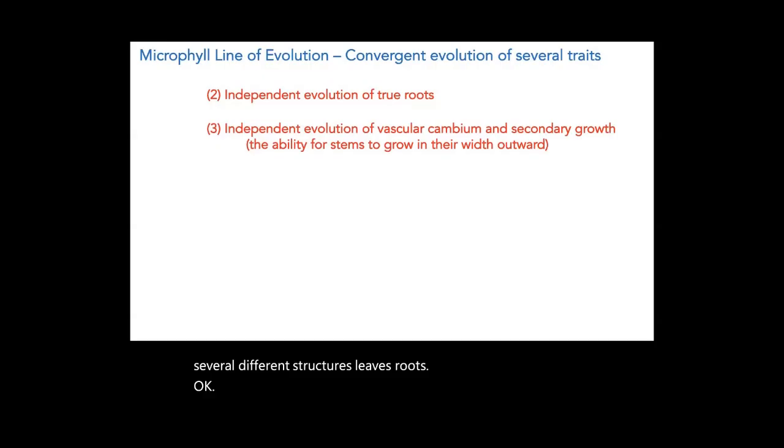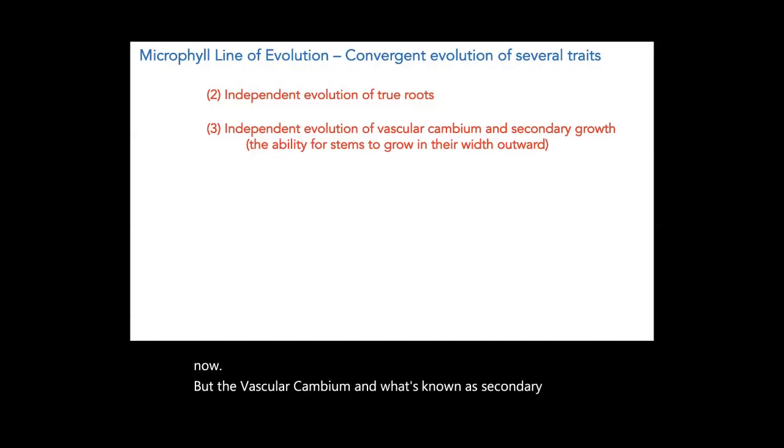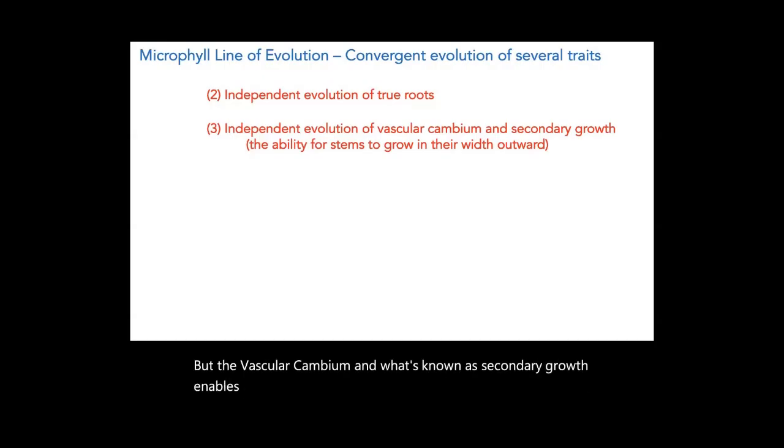We also see the independent evolution of something known as the vascular cambium and secondary growth. We're going to be talking about the vascular cambium and secondary growth several lectures from now. But the vascular cambium and what's known as secondary growth enables stems, a cross-section of a stem, to increase in size, right?